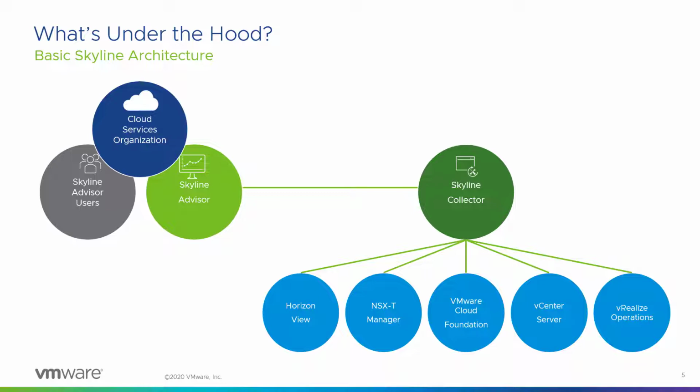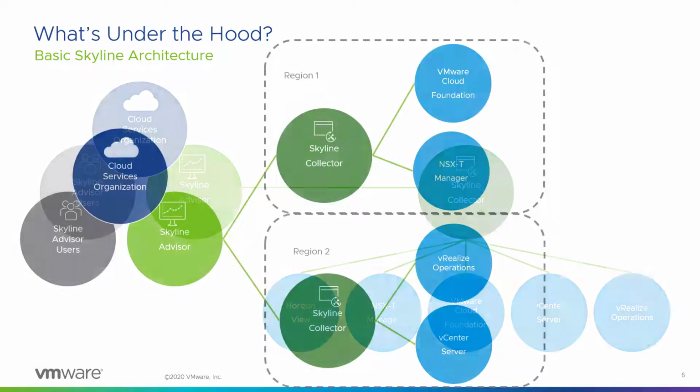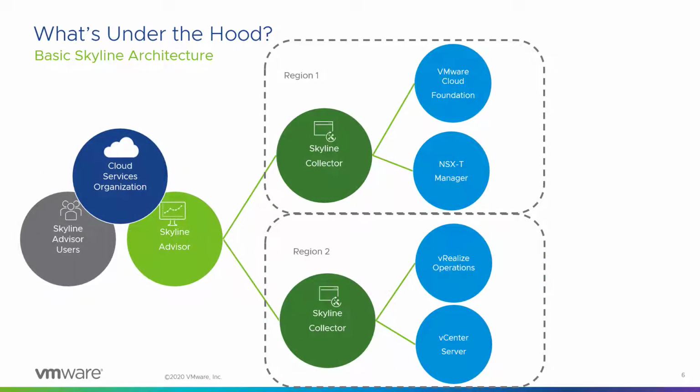This diagram shows one collector, but there may be times when multiple collectors are needed. Say, for example, you have geographically dispersed data centers, one in California and one in New York, with VMware products and services in each location. Since the collector's primary purpose is to send data, you wouldn't want to deploy a collector in California that's collecting data from a vCenter in New York.